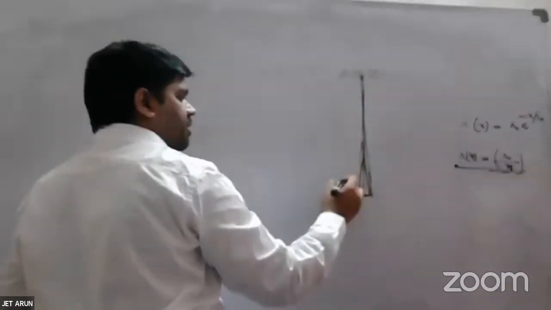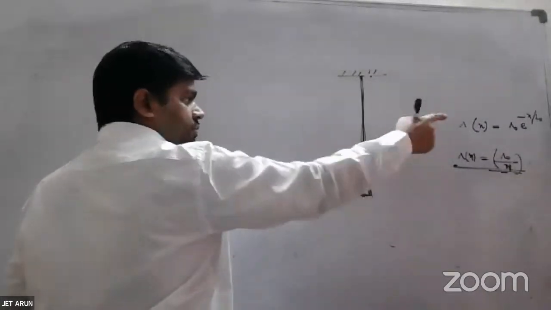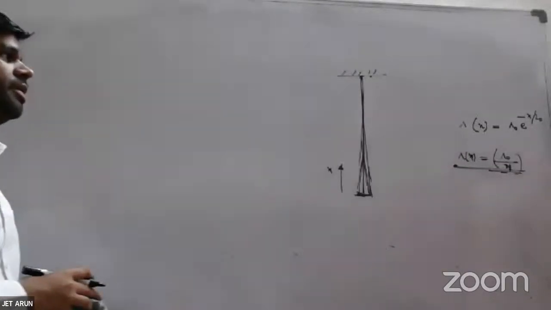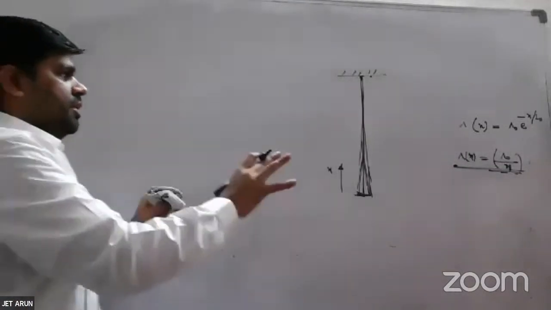Thicker here, thinner here. Lambda is varying from this side as a function of lambda into e power minus x by L. And this is at rest.